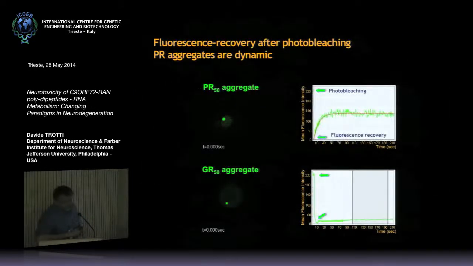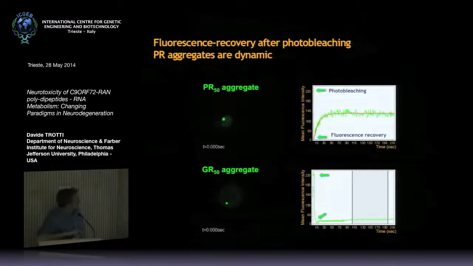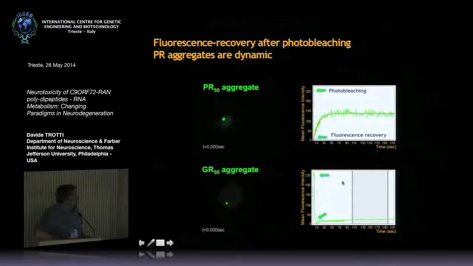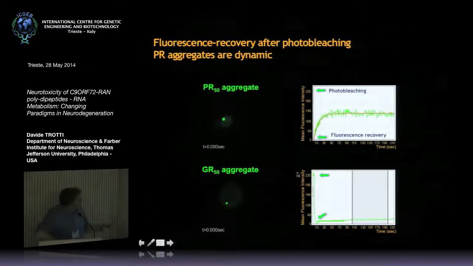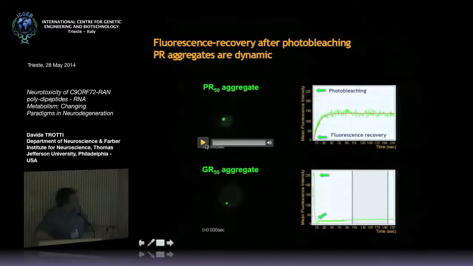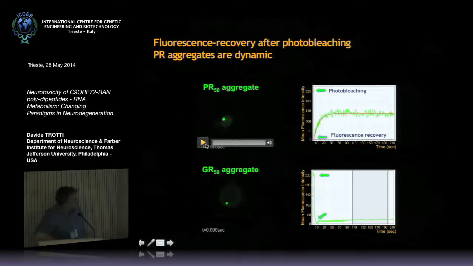Another thing that we noticed using some FRAP analysis is that the PR aggregates, as remarkable as they are, are dynamic. That means that they can reform quite quickly. You can see here from this movie, this nuclear aggregate of PR is photobleached. The fluorescence disappears, but then it recovers very quickly, in a matter of a few seconds.